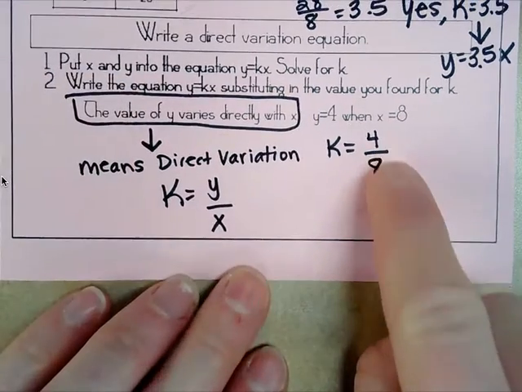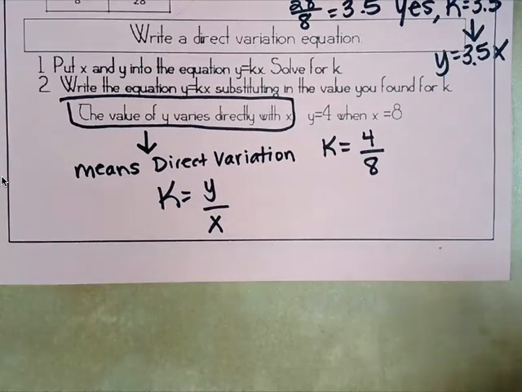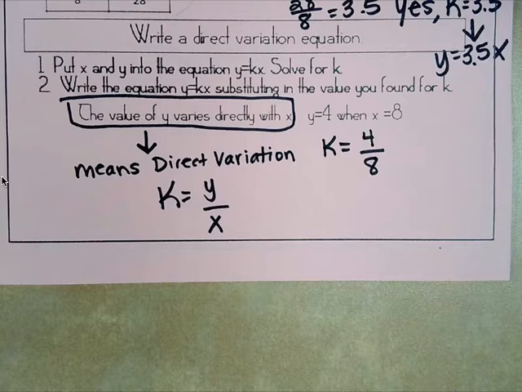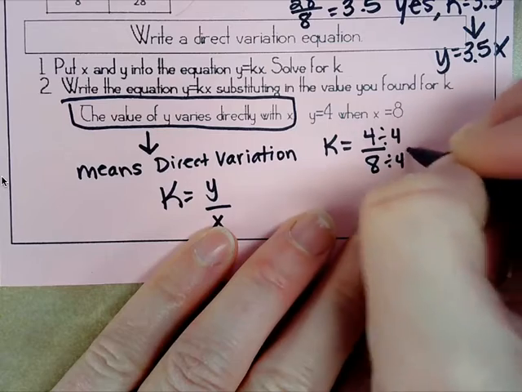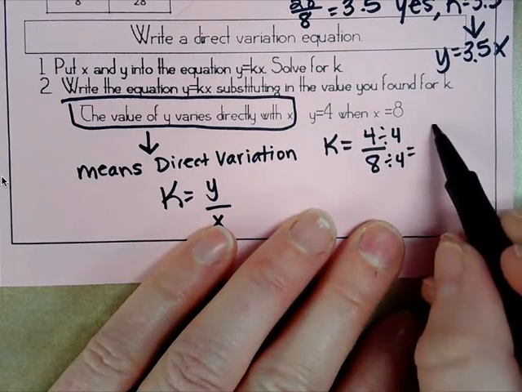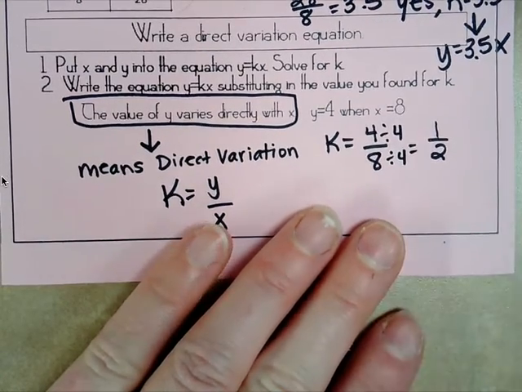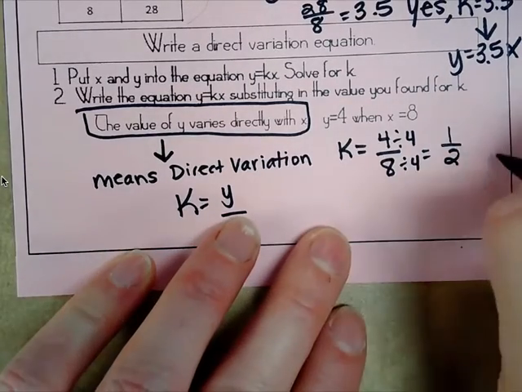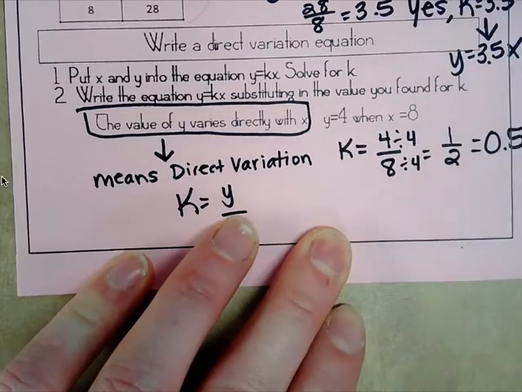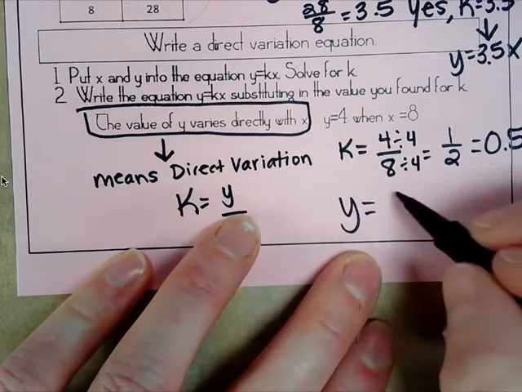So I did y over x. We want to reduce it if we can. How do you reduce 4 over 8? So that gives us half. So k is half. 0.5, yeah. So we can write the equation y equals kx.